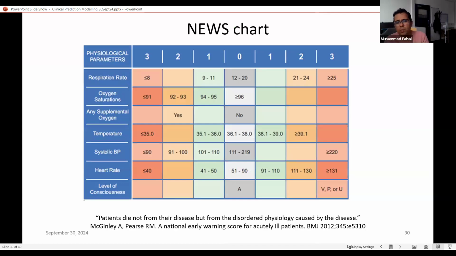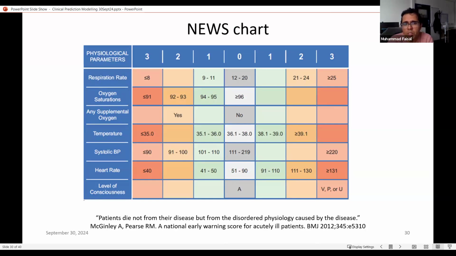So one of the things, developed in I think 2012 in the NHS Trust, was widely disseminated, and it was basically not a clinical prediction model. It was based on clinical judgment, with penalty points based on the physiology of the patient.